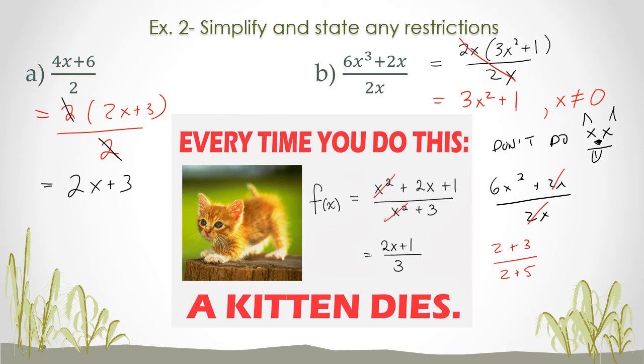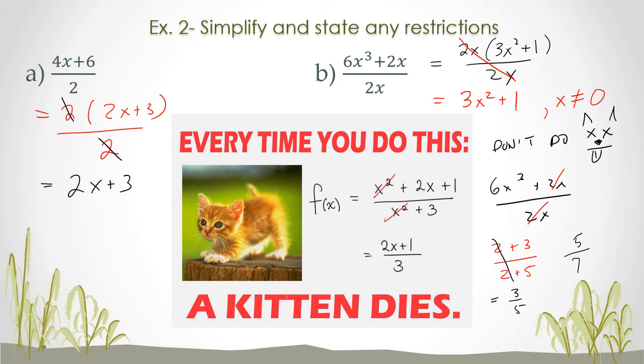So if you think it's okay right now to cancel out the 2's, because there's one on the top and on the bottom, that would leave you with 3/5. Most of you seeing that with the numbers hopefully know that isn't the right answer, because 2 plus 3 is 5, and 2 plus 5 is 7, and 3/5 does not equal 5/7.